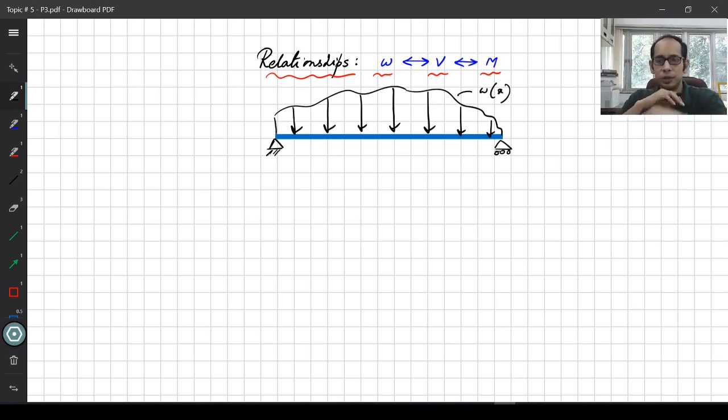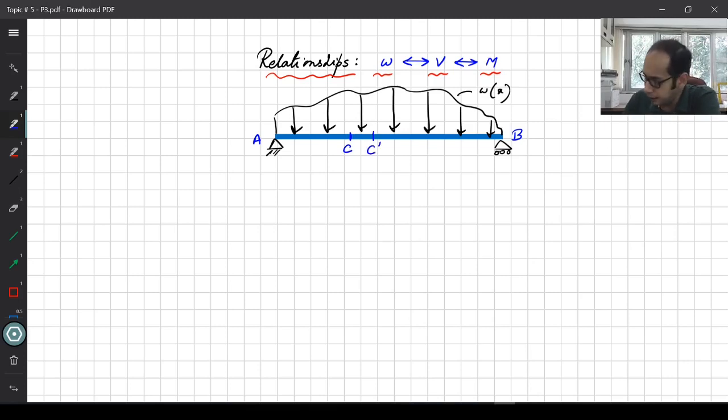Now for this particular beam, let's mark the different ends of the beam. You have A over here, you have B over here. Now for this beam, if I separate a small chunk of length delta X, let me call a point over here C, and maybe another line over here which is C prime.